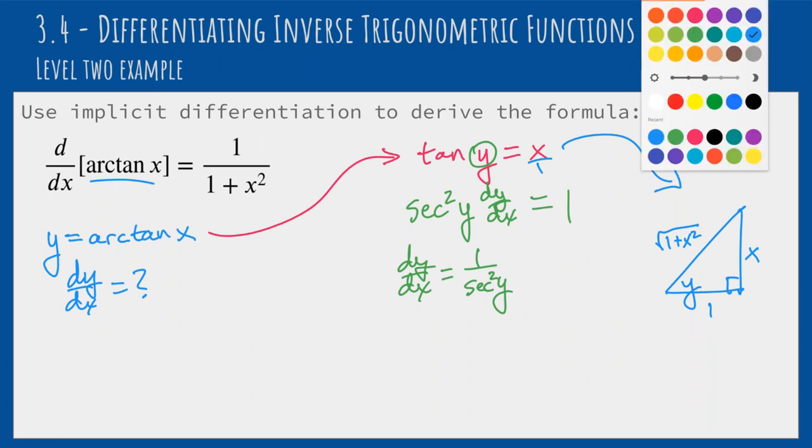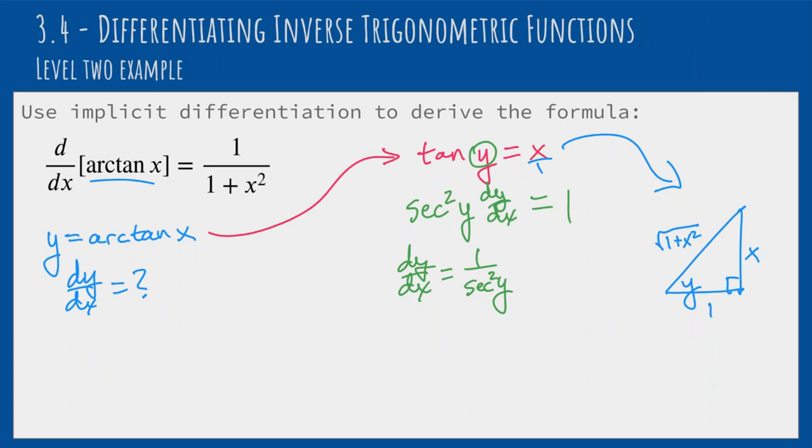Then I'm replacing secant of y. Remember, this is secant of y squared. So I want to know what the secant of y is. Secant is 1 over cosine. Remember, cosine is adjacent over hypotenuse, so this is going to be hypotenuse over adjacent.